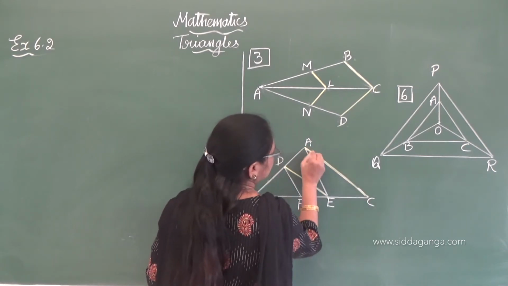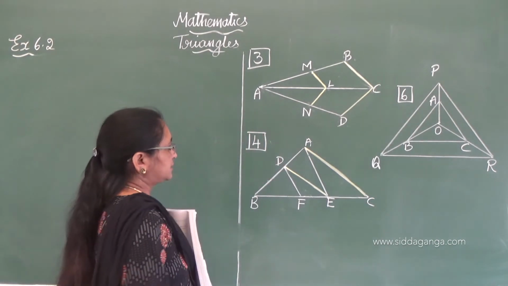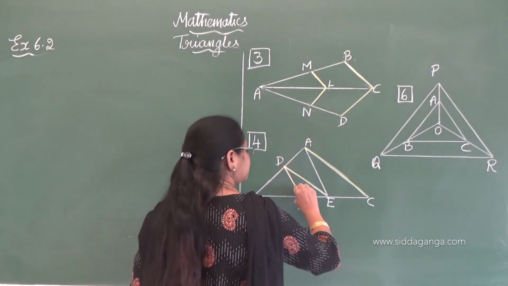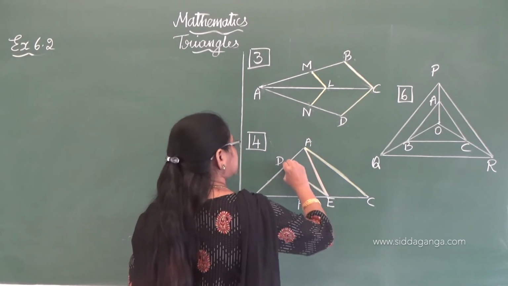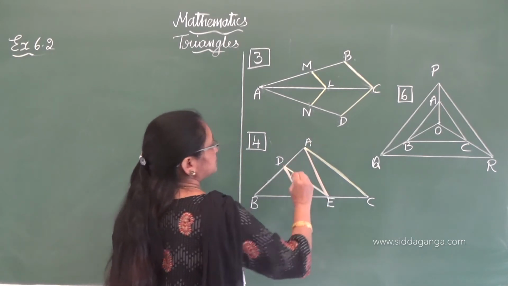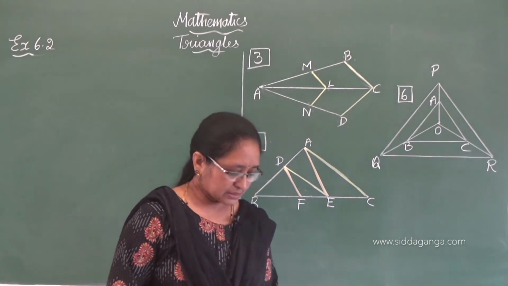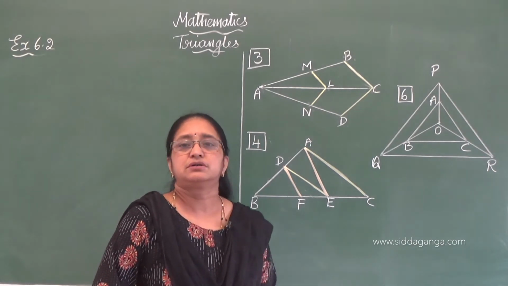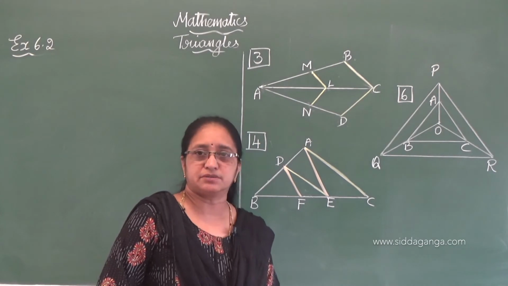I am using yellow color chalk here. DE is parallel to AC. And another one, DF is parallel to AE. This is different. See, observe, I have drawn little thick. So, observe carefully, even this problem is also easy, and also it is based on the theorem BPT, that is basic proportionality theorem.